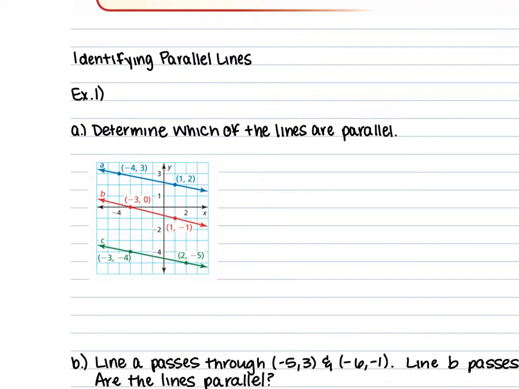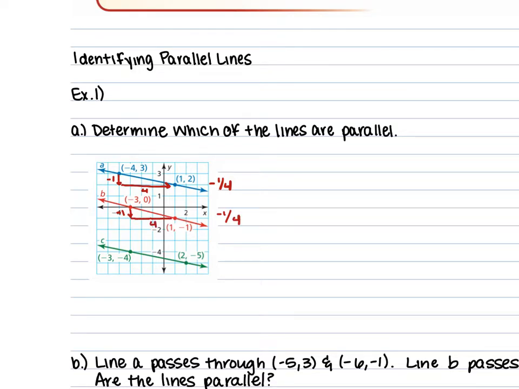If we look at these three lines on this coordinate plane, we're determining which of the lines are parallel. The blue line, we're going down 1 and then to the right 4. So that slope is negative 1/4. The red line, we're going down 1, so it's negative 1 over 1, 2, 3, 4.